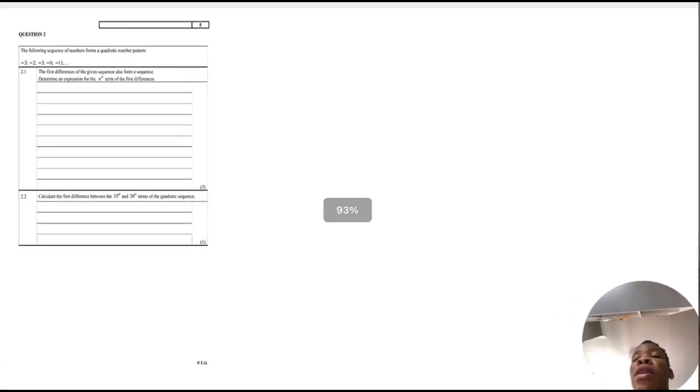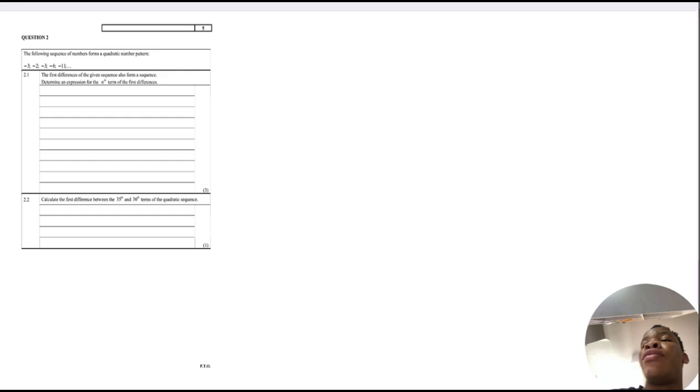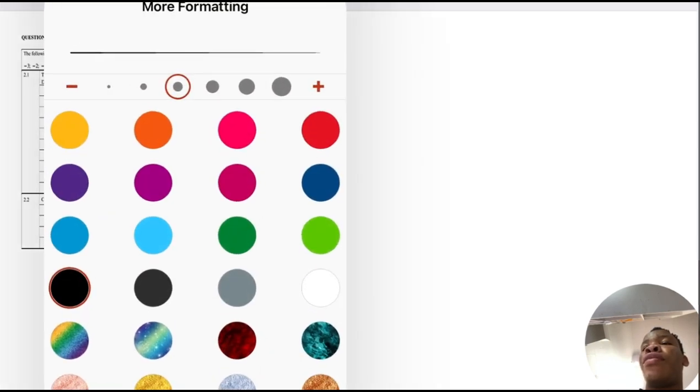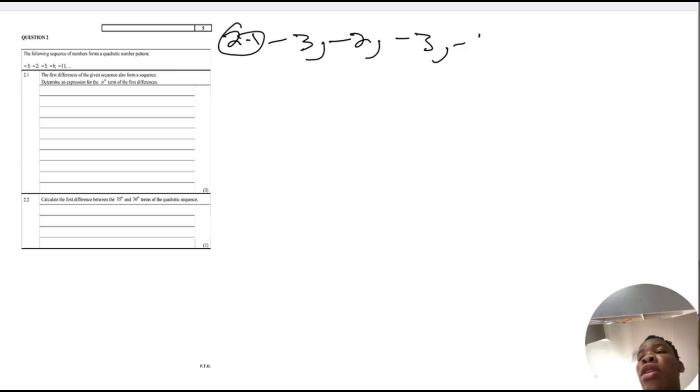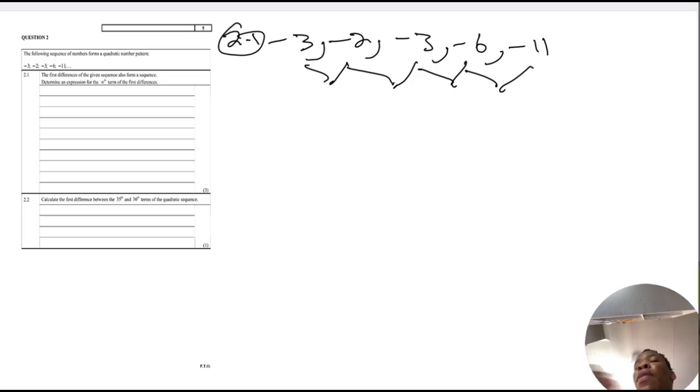So here they are saying this sequence we are given, 2.1, we are given negative 3, negative 2, negative 3, negative 6, negative 11. So for us here, we'll simply find the sequence that they're talking about, which is the first difference.